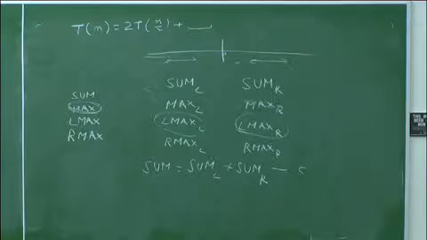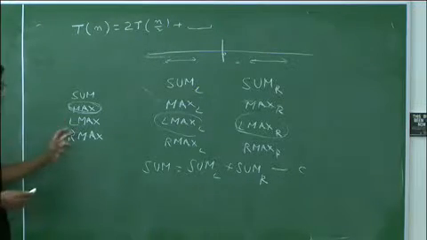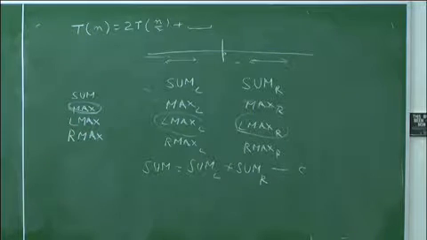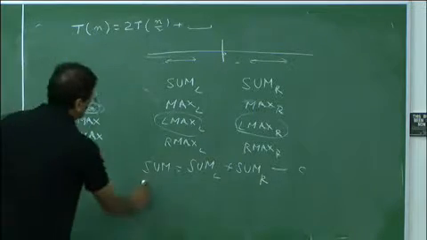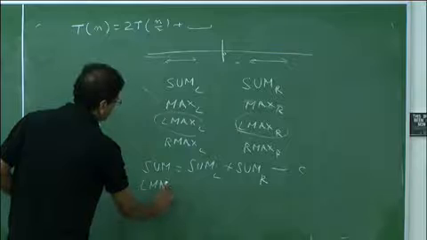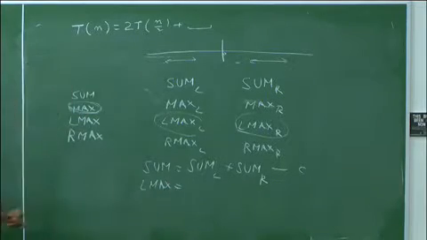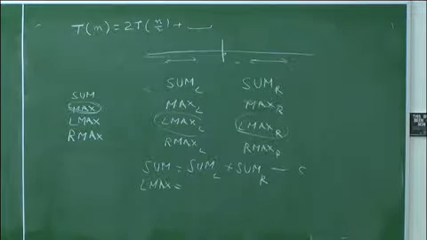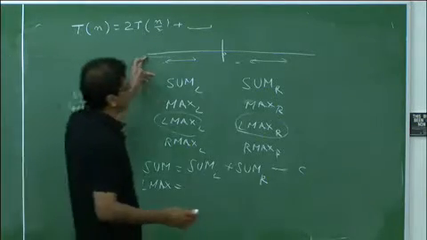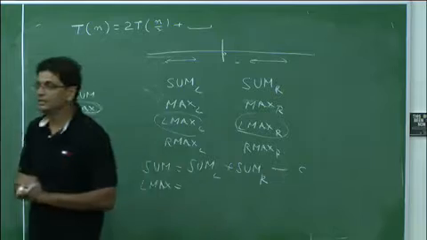Now, let me look at the easier ones first, and then we will come to the max part. How about the L max? What is L max telling us? L max is saying, now I need to look at the entire sequence which starts here and ends there.